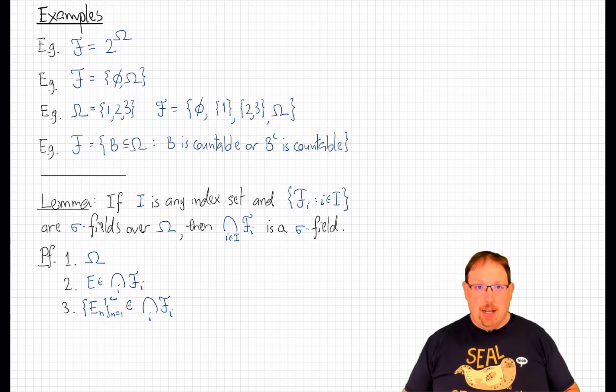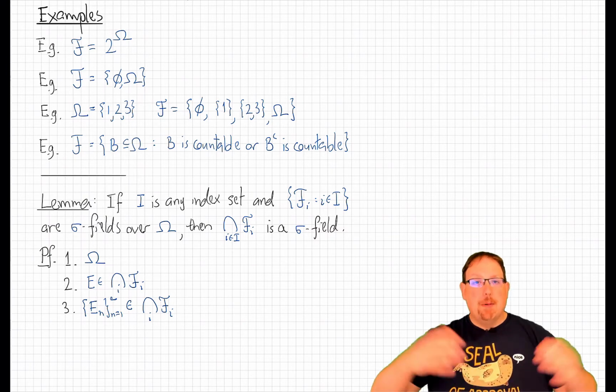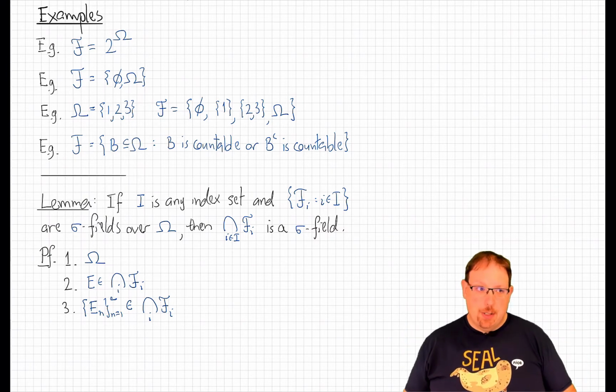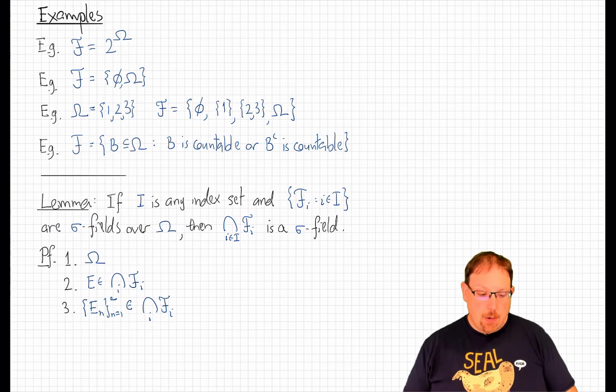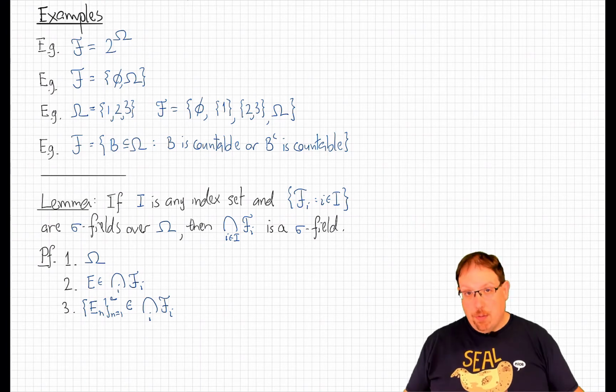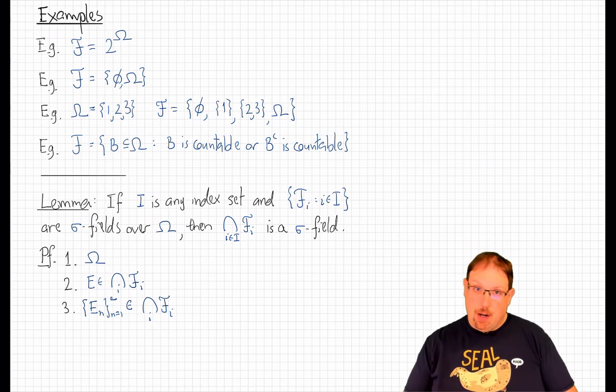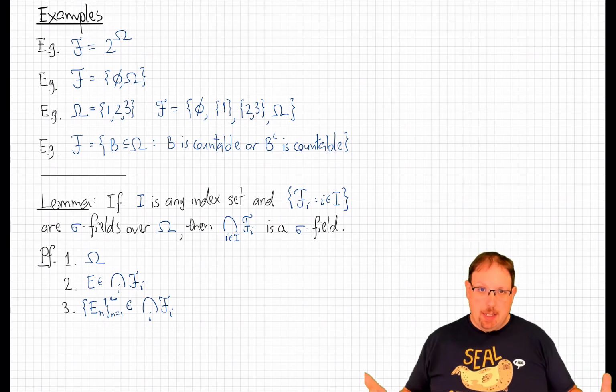It's closed under complement, it's closed under arbitrary unions and arbitrary intersections, be they finite, countable, or uncountable. And so the power set is always a sigma field, and therefore a field, since sigma fields are, of course, fields. So that's the biggest possible example, the largest sigma field over omega.